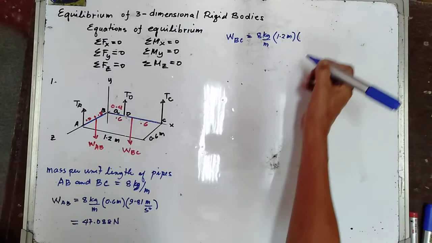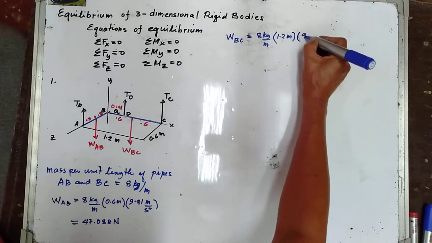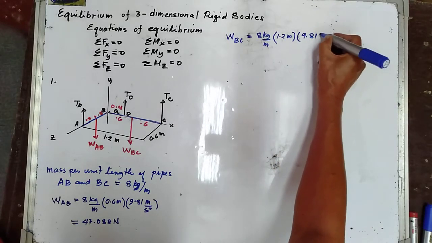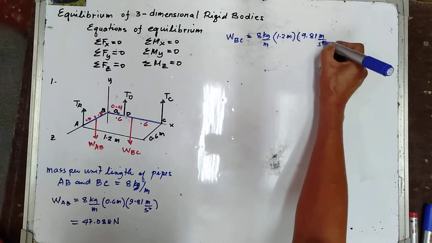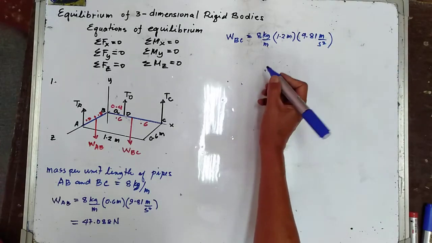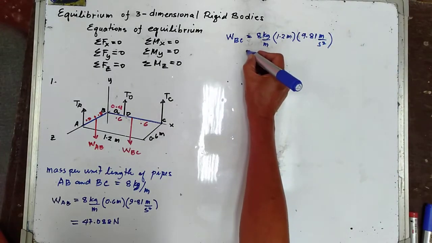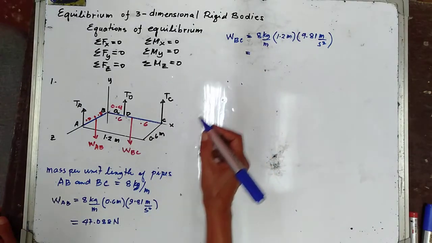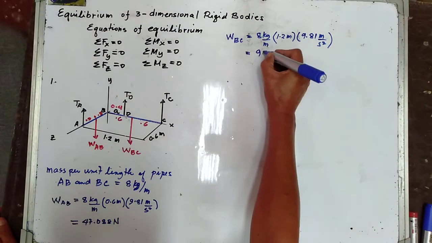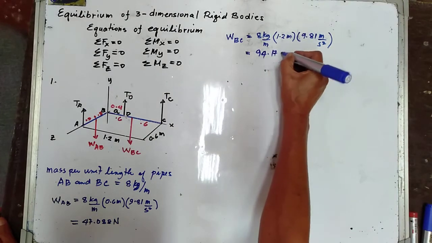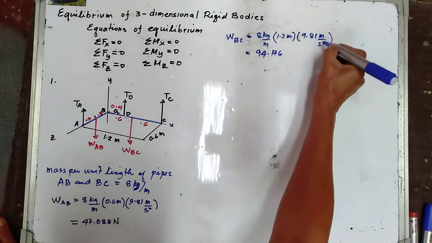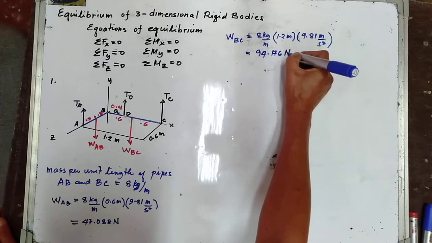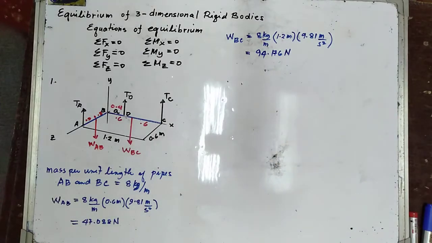Again, let us multiply this by 9.81 meter per second square. Hence, the weight of pipe BC is equal to 94.176 kilogram meter per second square, or that is 94.176 newtons.